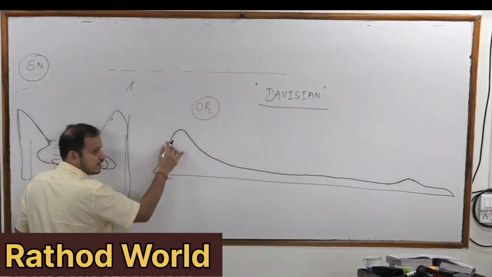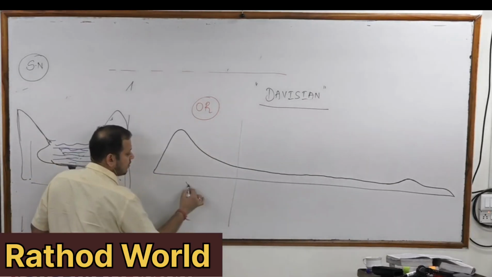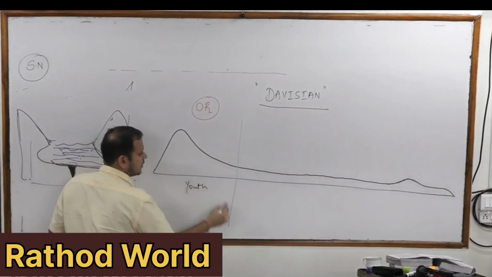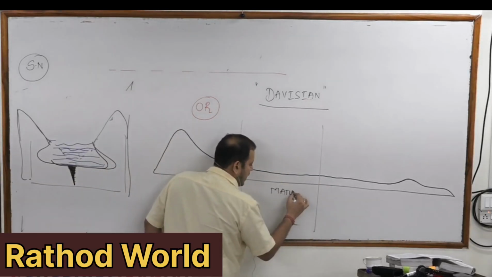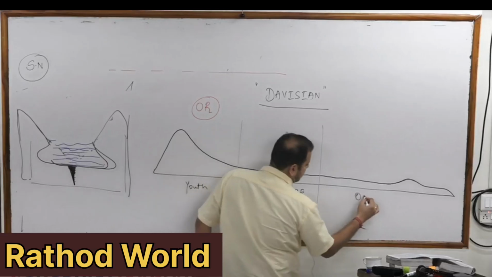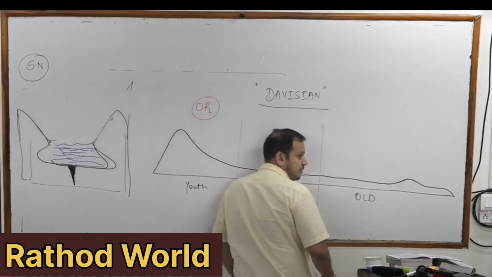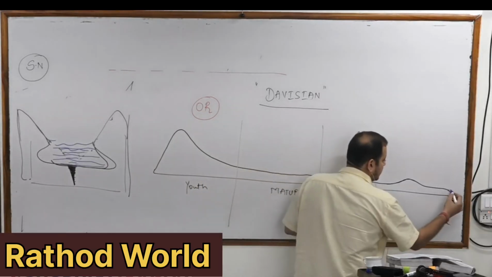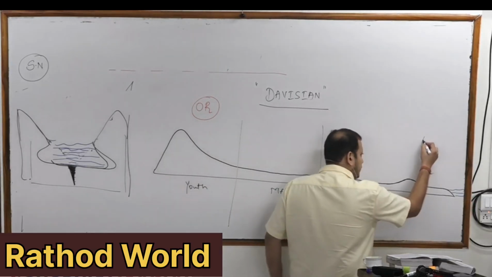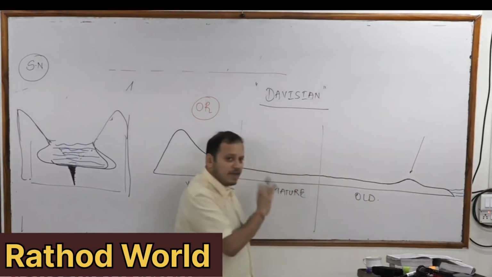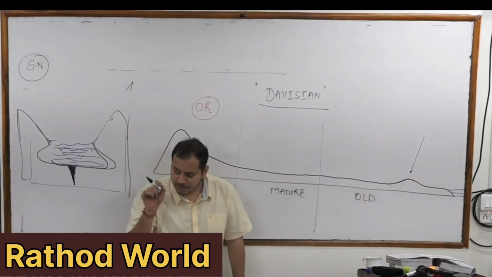Initially there is a rise and he will call this stage as youth. Then he will call next stage as mature. And last stage as old age. Where will be the old age? Old age will be near to the sea level. And on the old age, most of the landform will be flat, except there will be some hills.